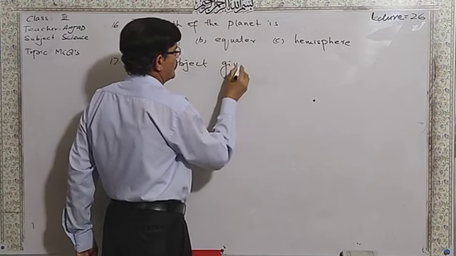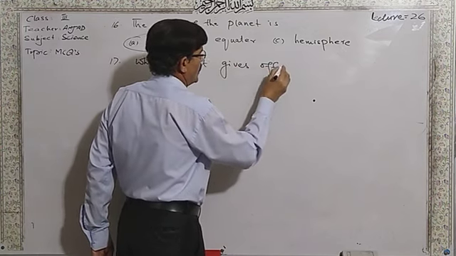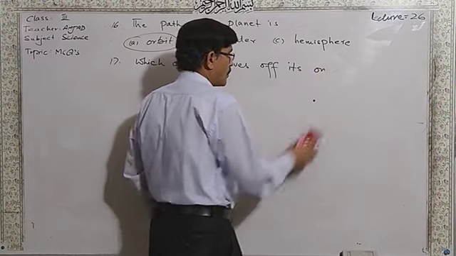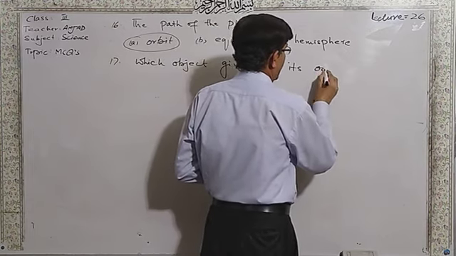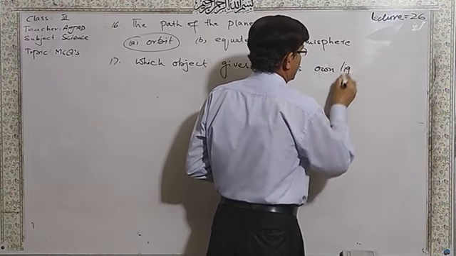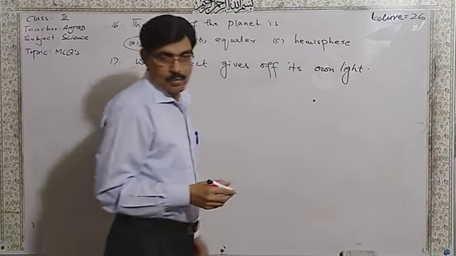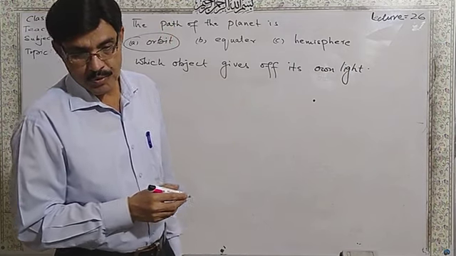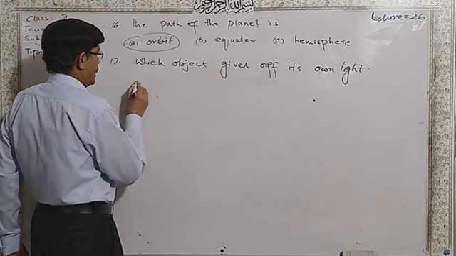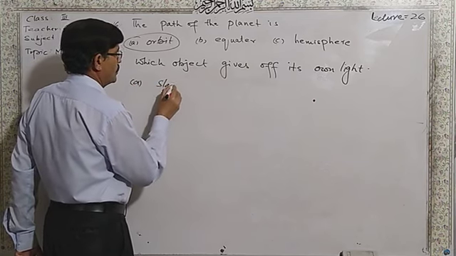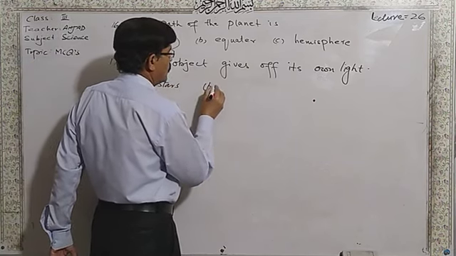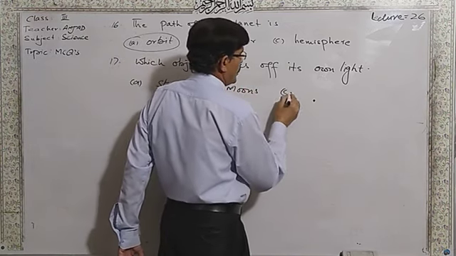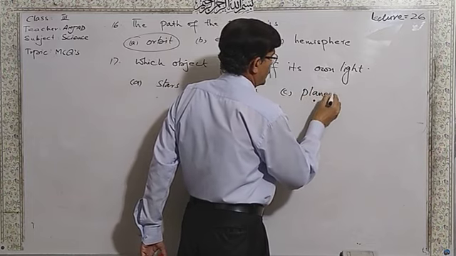We have the options: A, stars; B, moons; C, planets.